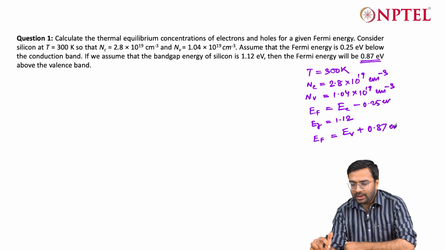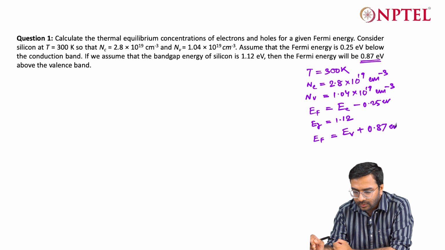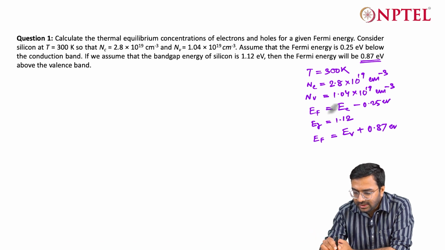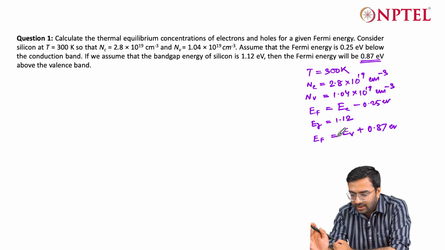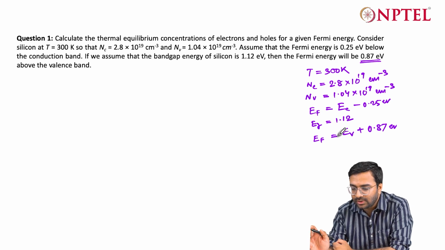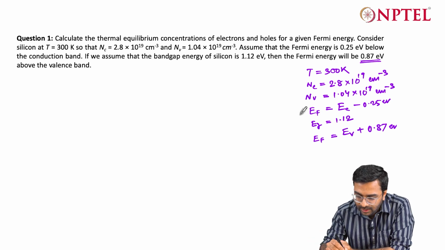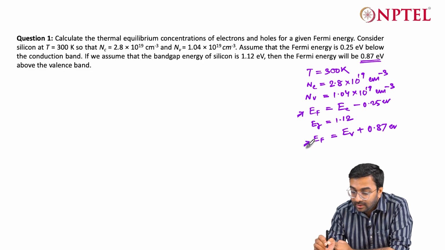So, if you look at this, you can understand that both EC minus EF and EF minus EV values are given. From here you will get EC minus EF, from here you will get EF minus EV.